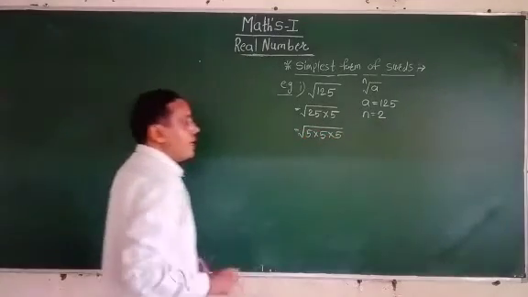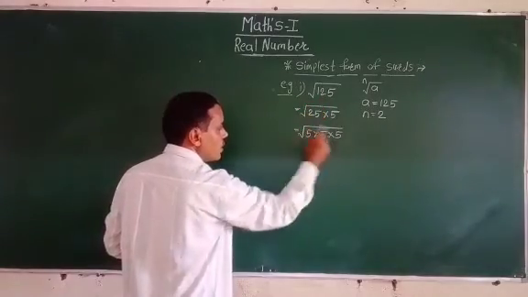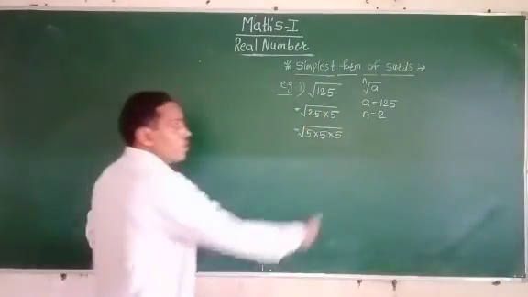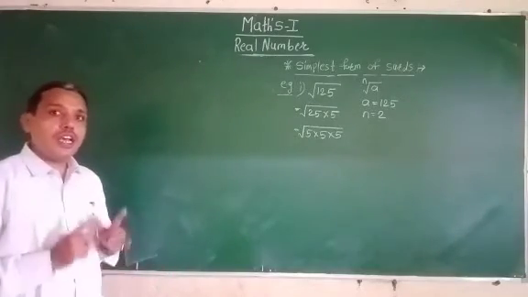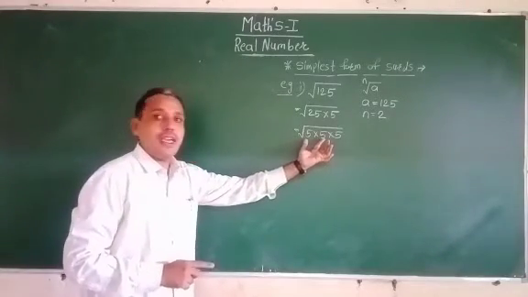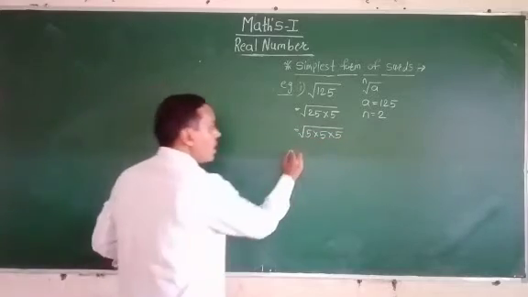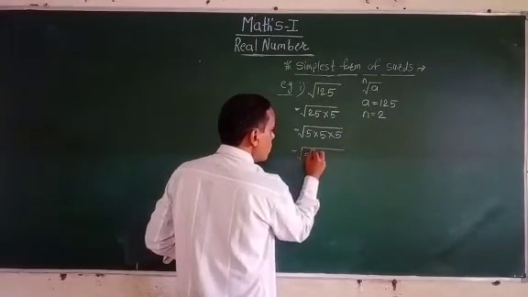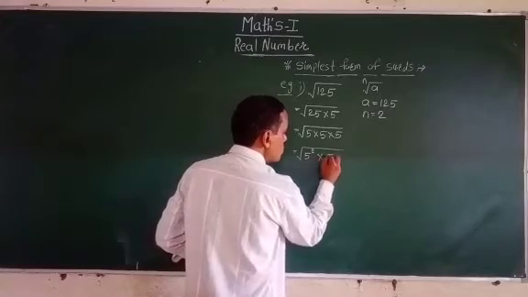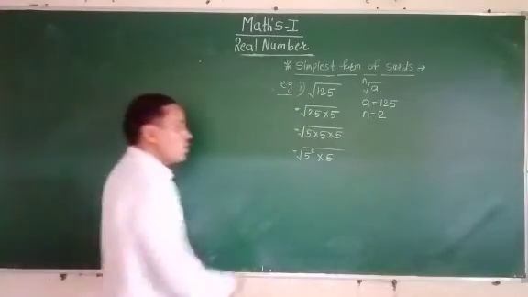So the factors of 125 are 5 into 5 into 5. Any number that repeats twice in the factors we write as 5 raised to 2 into 5.